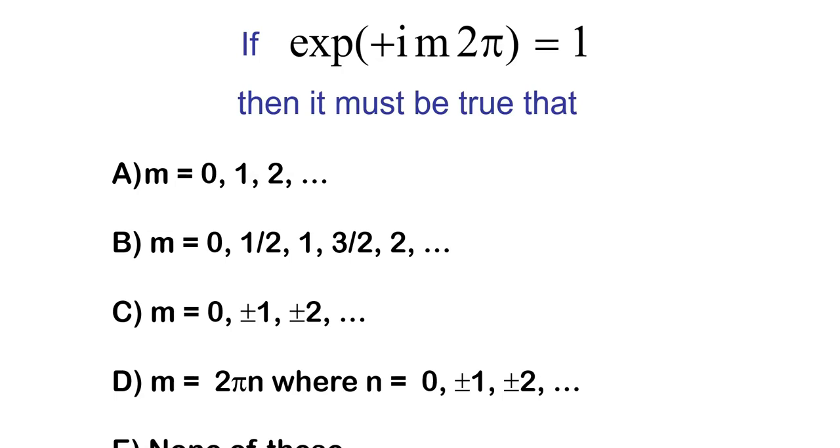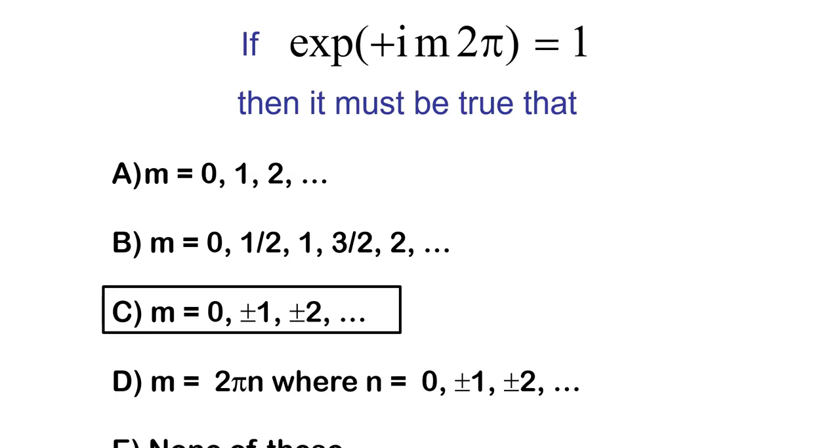All right, hopefully you got here that m is then going to be quantized to be 0, plus or minus 1, plus or minus 2, and so on and so forth. If I've got e to the i m 2 pi and I want that to equal 1, the trick, oftentimes with complex exponentials, is to write it out into sines and cosines.